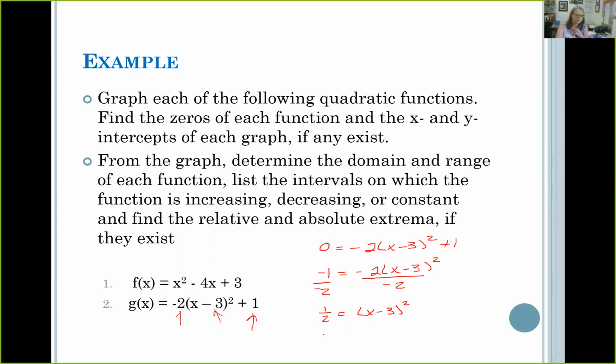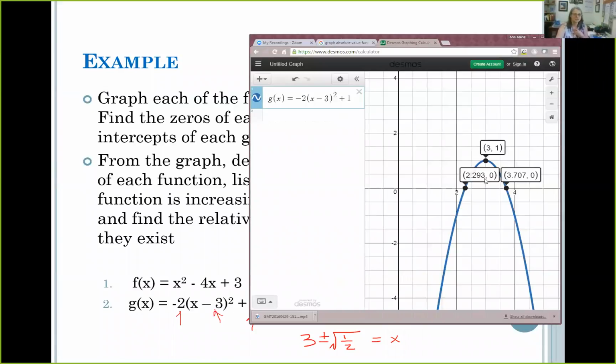Take the square root of both sides, and remember to take the positive and negative square root. Add 3 to both sides. And we get x equals 3 plus or minus the square root of 1/2, which is the exact mathematical representation of 2.293 and 3.707.